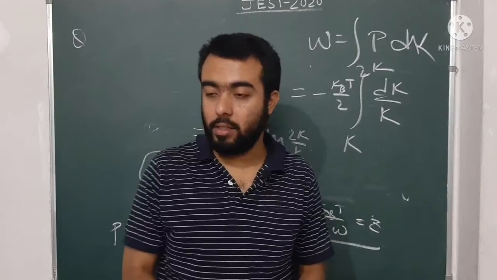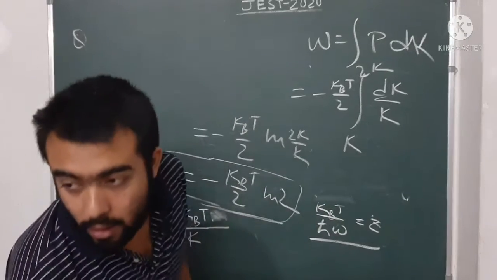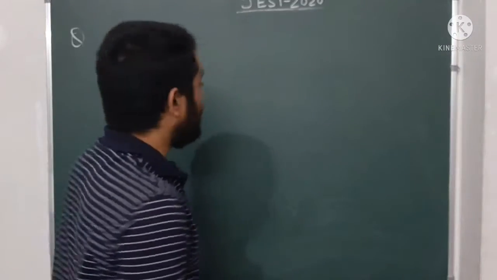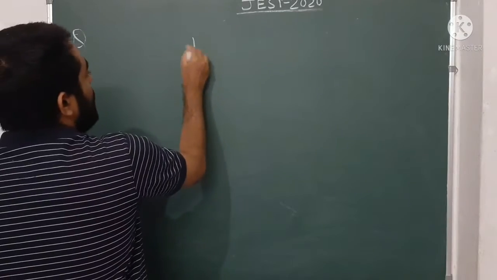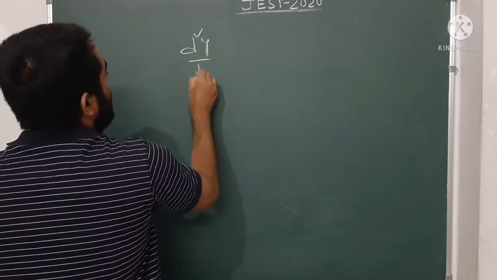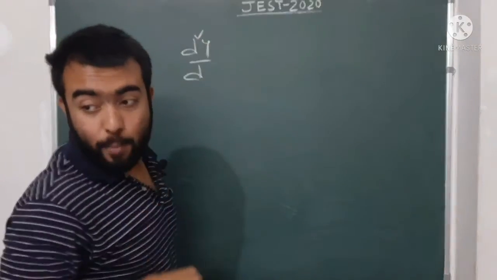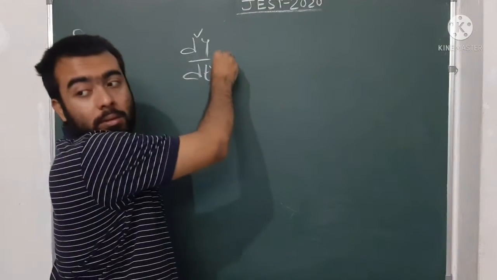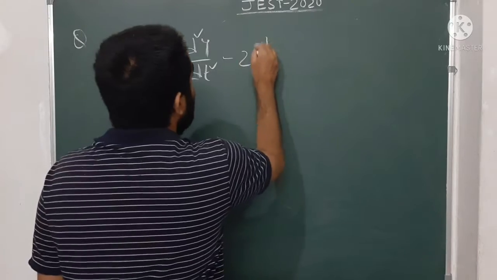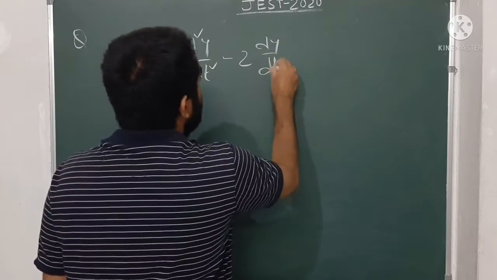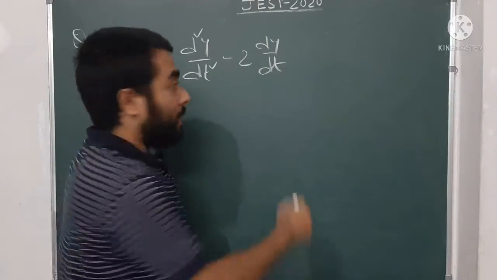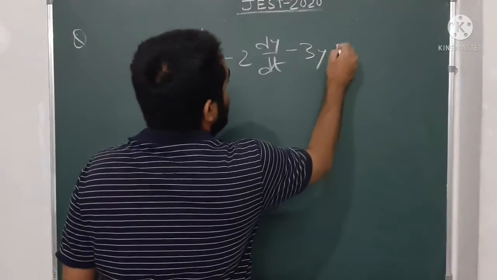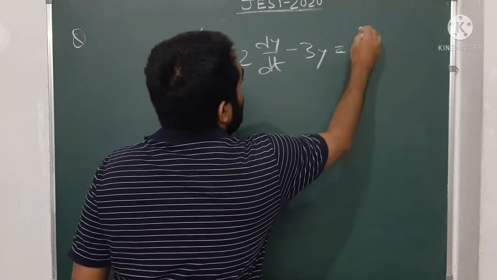So our next problem is from math physics. They have given a differential equation d square y by dt square minus 2 dy dt minus 3y equal to e to the power 2t.